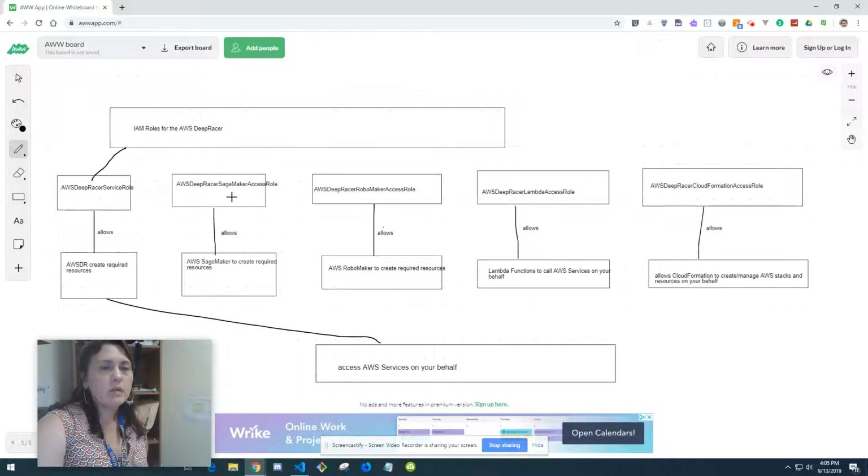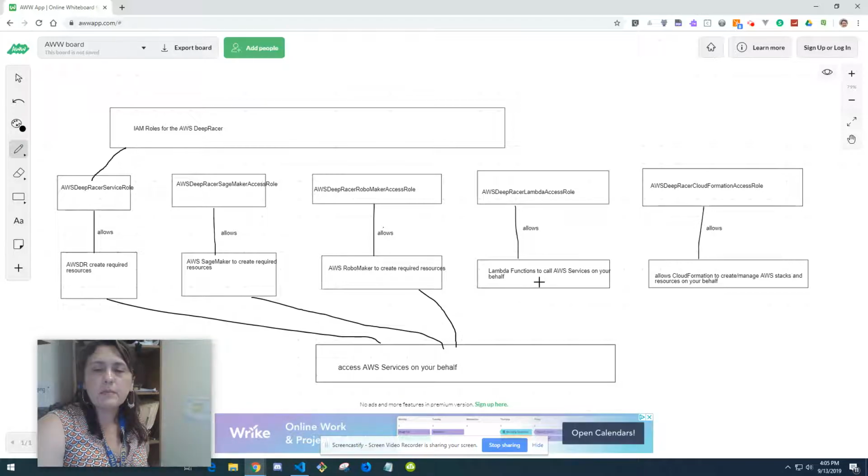The other IAM role is the AWS DeepRacer SageMaker access role. It allows SageMaker to create required resources and access services on your behalf. The RoboMaker allows RoboMaker to create required resources and access services on your behalf.